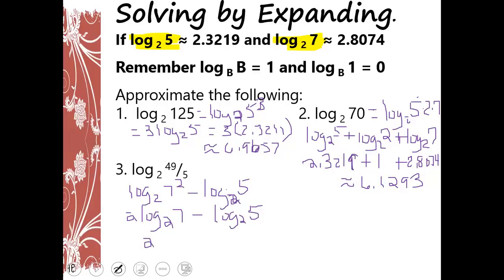This is 2 times 2.8074 minus 2.3219, and we get roughly 3.2929.